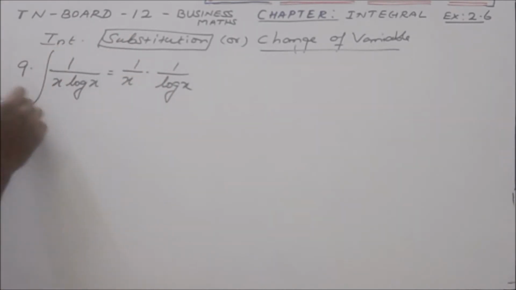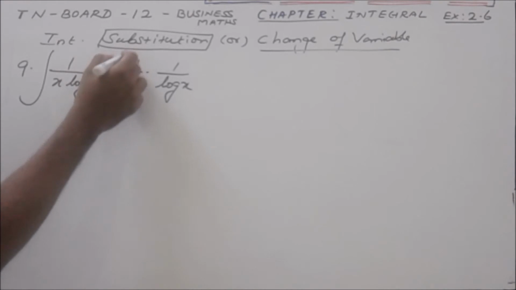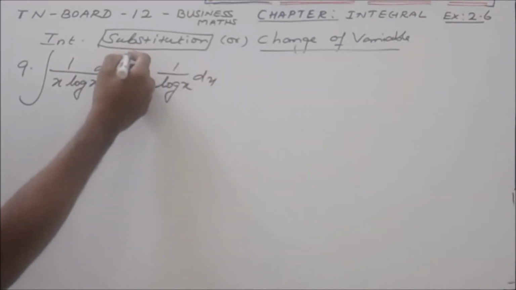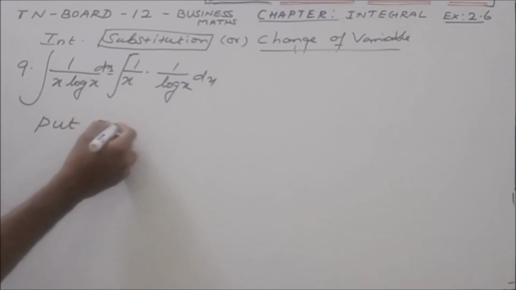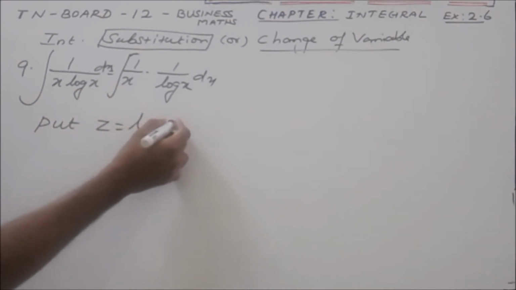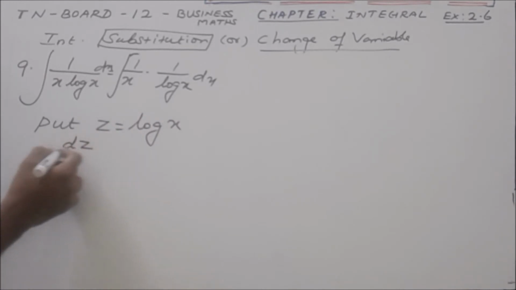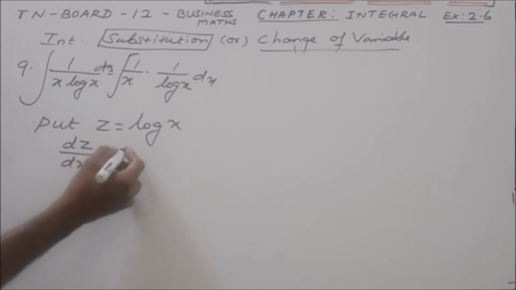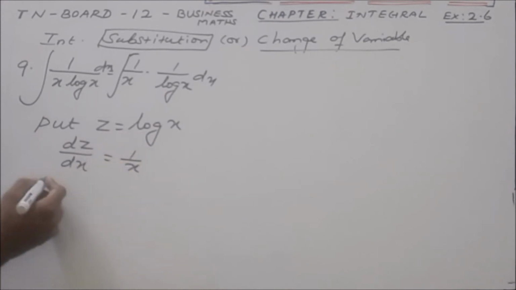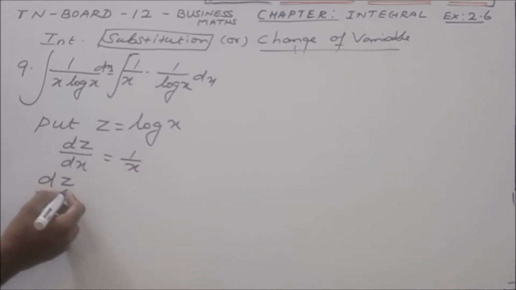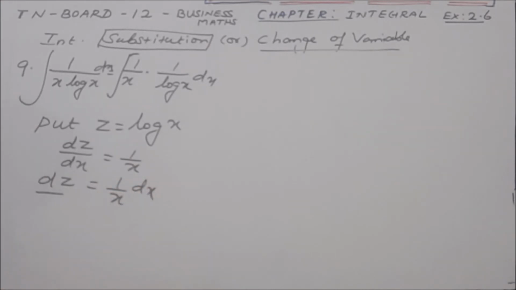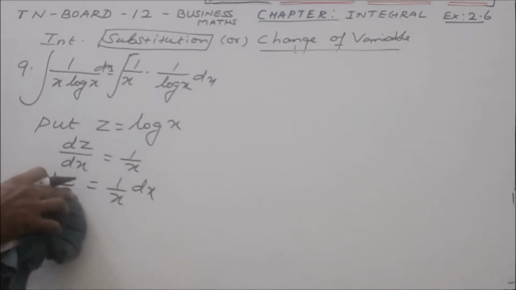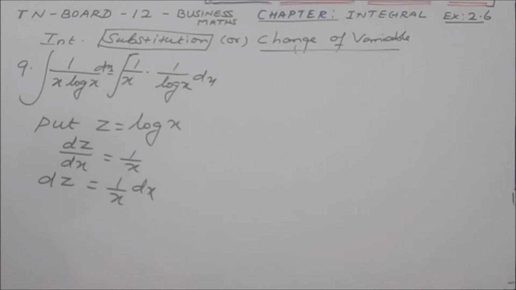So integral dx equals integral dx here. Now put z equal to log x and differentiate: dz by dx is equal to 1 by x, and dz equals 1 by x into dx.